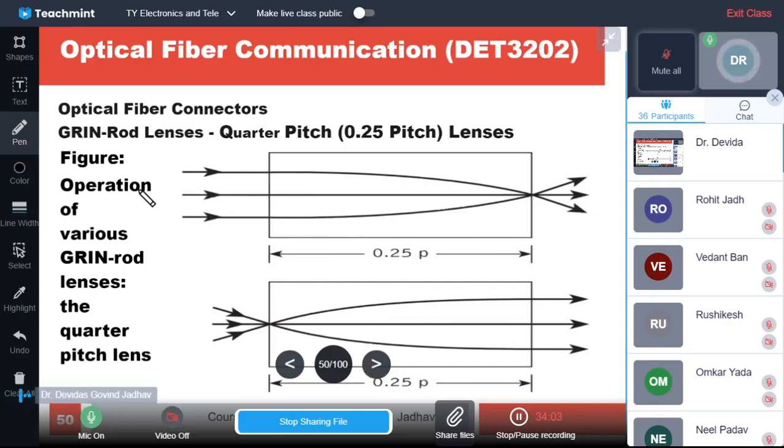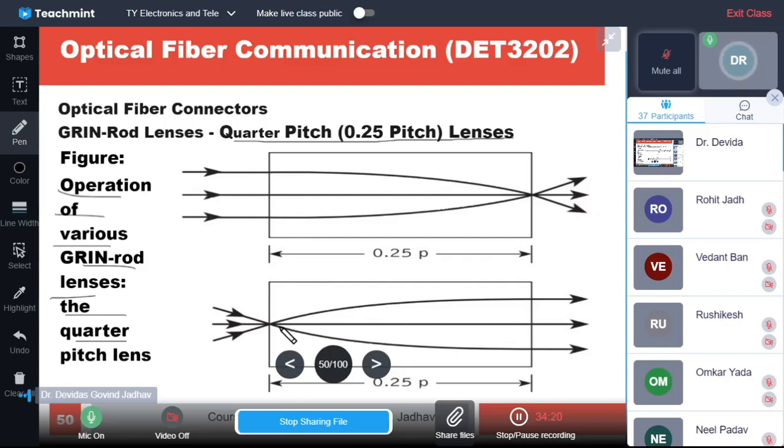So let us check the figure of operation of various green rod lenses. In that, the quarter pitch length is 0.25 pitch length, so its length is 0.25 p.